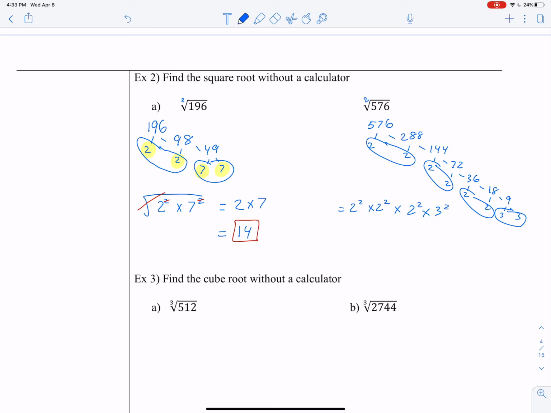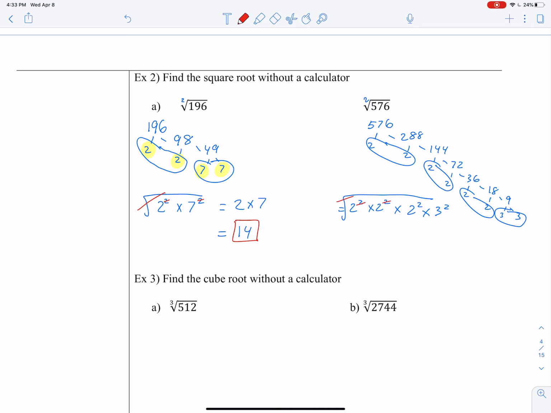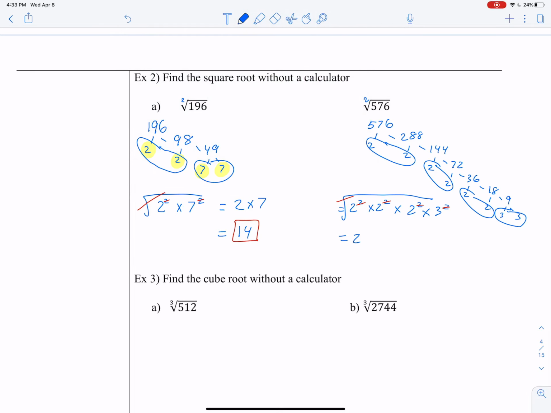Okay. And then I'm going to square it. So I'm going to have the square root sign, and each of these will cancel. And I'll just get 2 times 2 times 2 times 3. And when I do that, I'm going to get a final answer of 24 when I multiply all those together.